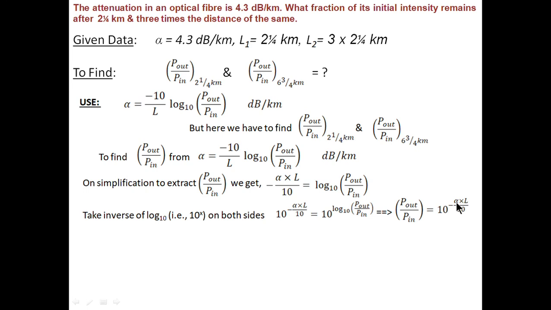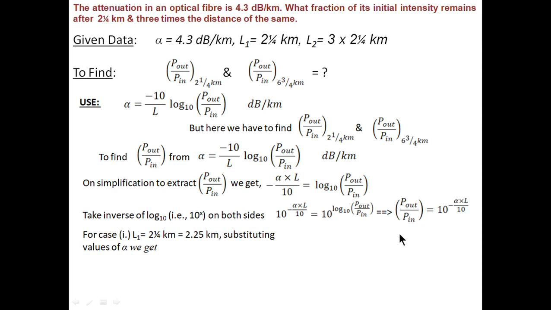You have to just calculate the ratio for different values of L and the fixed value of alpha. Alpha is known, L is known. Alpha is 4.3 dB per kilometer. L can be split into two distances, 2/4 kilometer and 6/3/4 kilometer. For case 1, a station is generating power and sending the signal, and the signal travels 2/4 kilometer. What is the value of P output by P input?